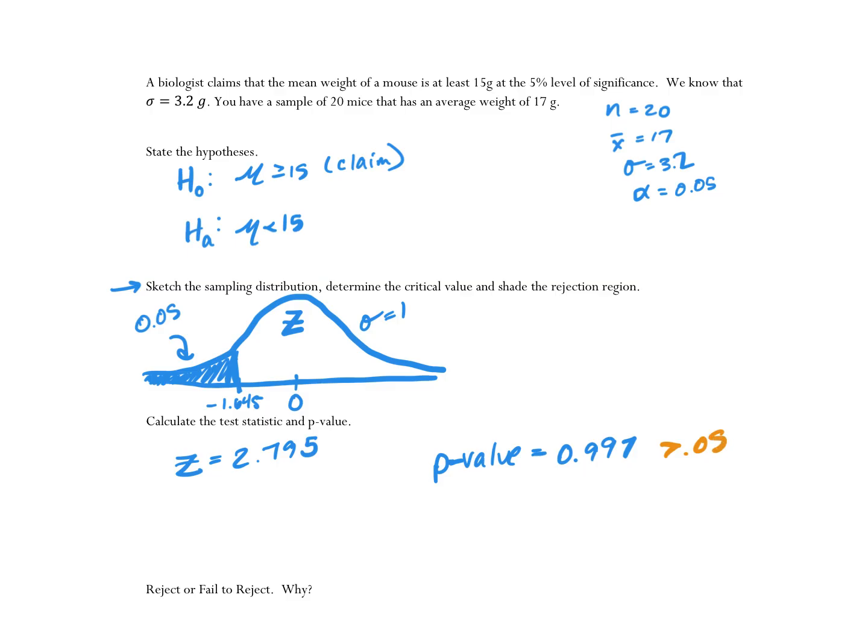Okay? And my 2.75 is a lot bigger than the negative 1.645. In other words, not in the rejection region.